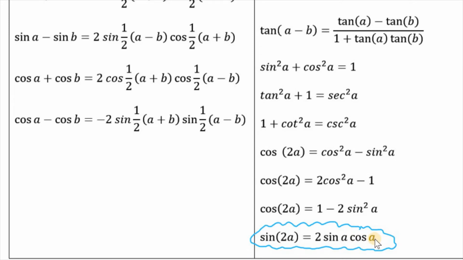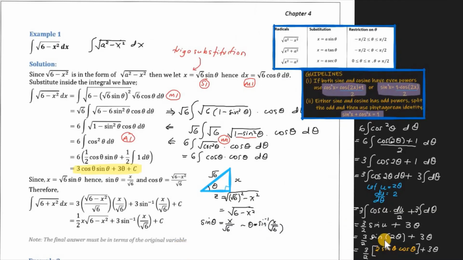This is so that we can read it as a single angle. Okay, so this is the formula that we need to code. So sine 2 theta is 2 sine theta cos theta. Alright, okay, so as we simplify this, 2 cancel off, we get 3 sine theta cos theta plus 3 theta plus c. Okay, that's the end. So that's the answer, 3 cos theta sine theta plus 3 theta plus c.